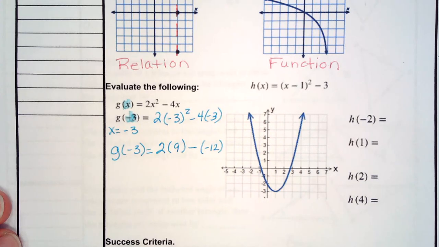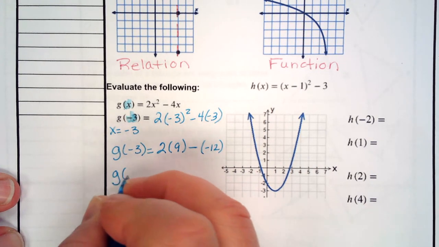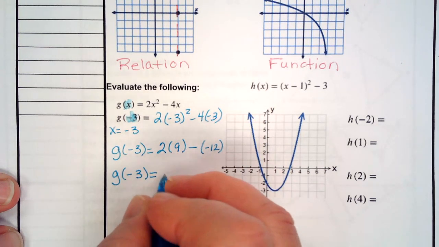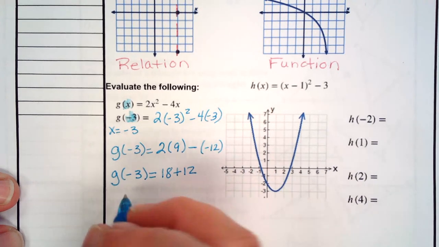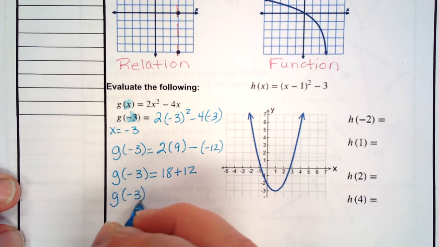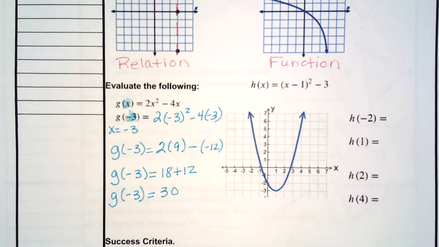We don't minus a negative, we plus a positive. So when I take g and I put -3 in for x, I end up with 2 times 9 is 18. I plus the positive, plus 12. So when I put -3 into g for x, I end up with 30. The output is 30.